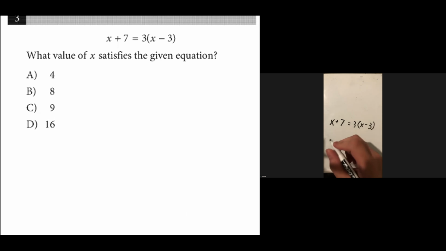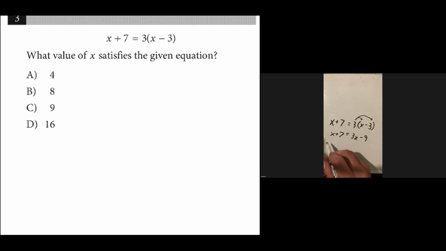The main thing we have to do is distribute. So 3 times x becomes 3x, and 3 times negative 3 is negative 9. All I did there was distribute this 3 into the x and into the negative 3. So we get 3x minus 9 equals x plus 7.